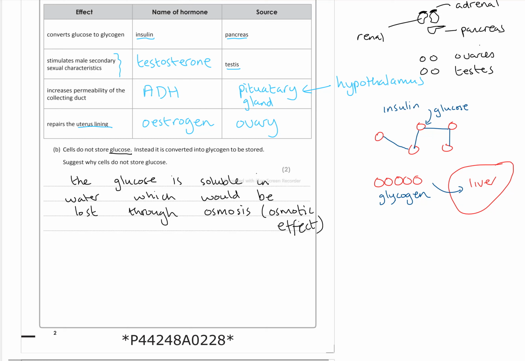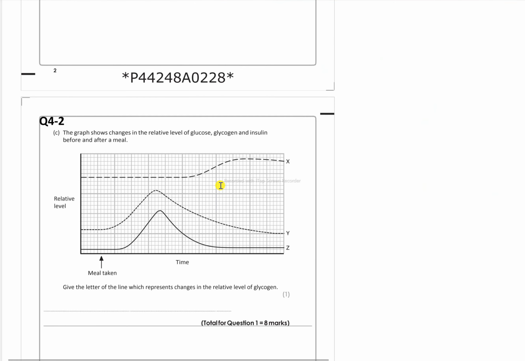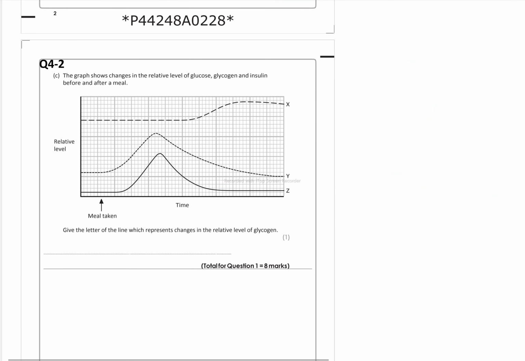The graph shows changes in the relative level of glucose, glycogen and insulin before and after a meal. Time's going along, you're here at the moment, and you start eating here.